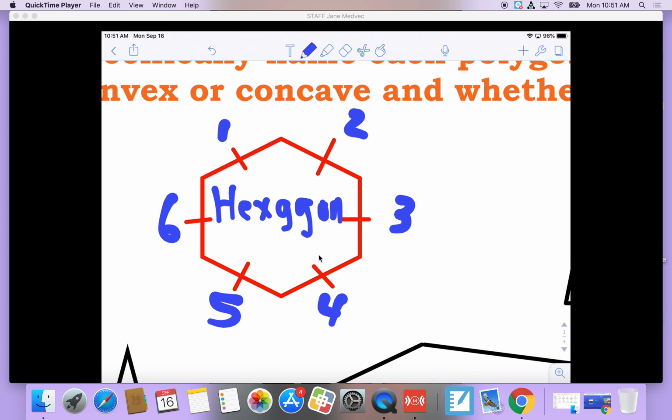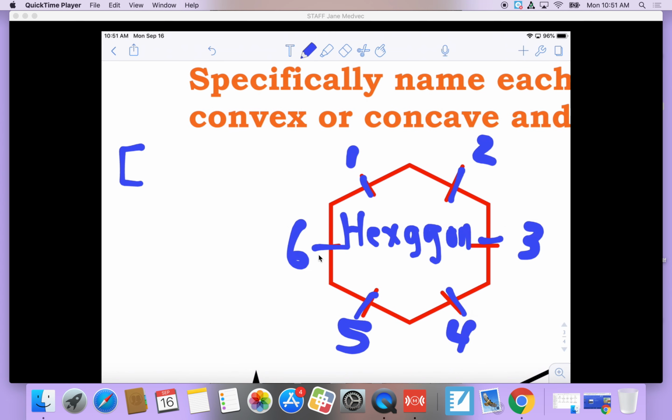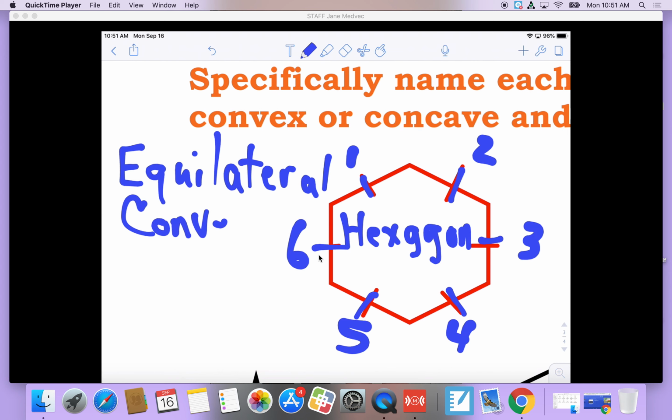You're going to notice that it has these little hash marks all over it. That means that each side is the same length. So that is going to be equilateral. Notice that none of the sides are pushed in, so it's convex. And if it's equilateral and not equiangular, it is not regular.